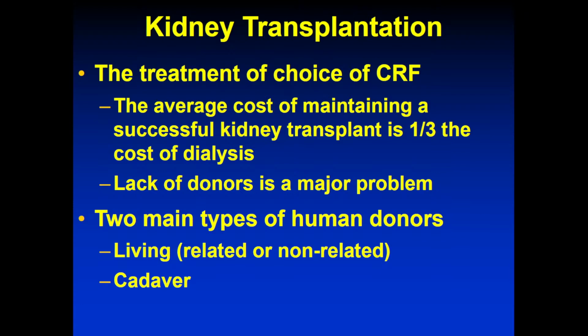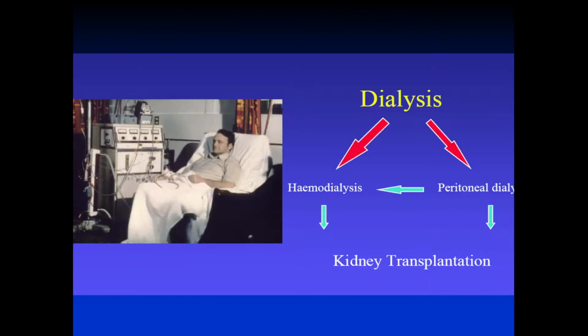Two main types of human donors exist: living, related or non-related, and cadaveric kidney. So it's the life circuit of the patient having end-stage chronic renal failure: dialysis, hemodialysis or peritoneal dialysis, and the best outcome is provided only by kidney transplantation.